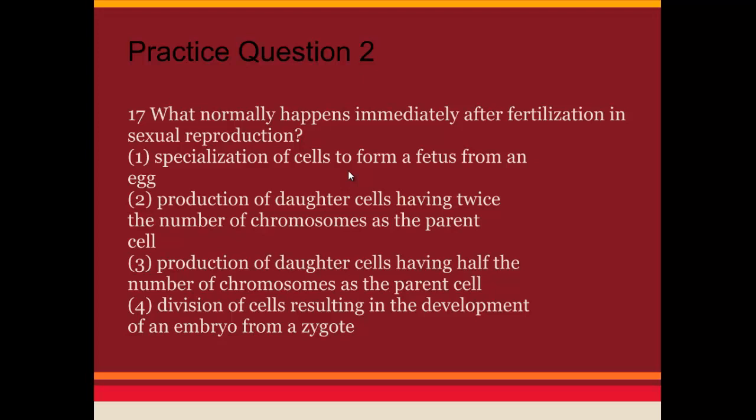And choice 4 says division of cells resulting in the development of an embryo from a zygote. And I would go with choice 4 because that is the first step. Before cells become specialized, they need to go through mitosis, they need to divide, and our zygote will turn into an embryo. The specialization of cells to form a fetus only occurs after choice 4. So the answer to this question would be choice 4.